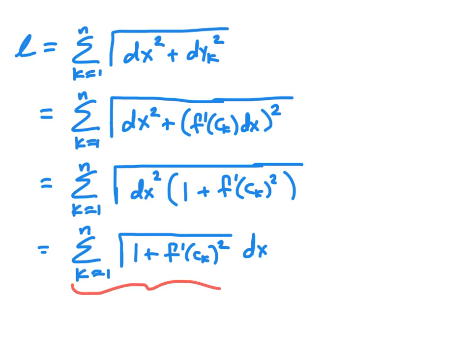Now this expression here at the bottom is an example of a Riemann sum. And so we know that by taking the limit as n goes to infinity of this sum, we're going to get a definite integral from a to b, which was the interval on which this sum was based. And by doing so, we're also going to make the approximation of our arc length into an exact value.